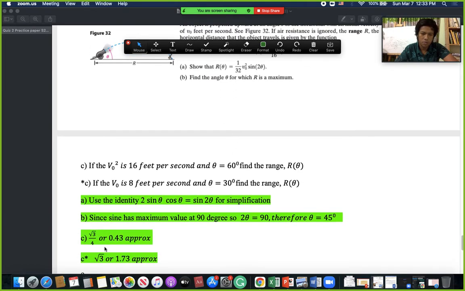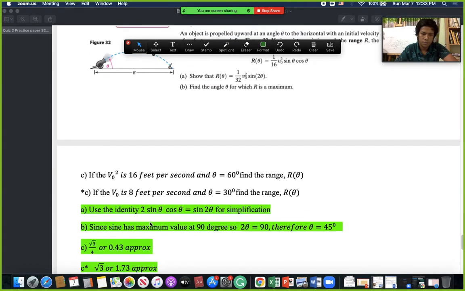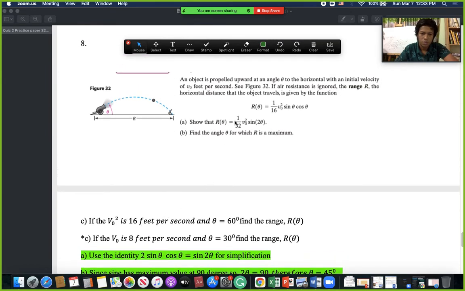Which is root 3 by 4, because when you write 16 here, this half comes here, then sine 120 degrees, 2 into 60 means 120, sine 120 equals root 3 by 2, so root 3 by 2 into 1 by 2 means root 3 by 4.